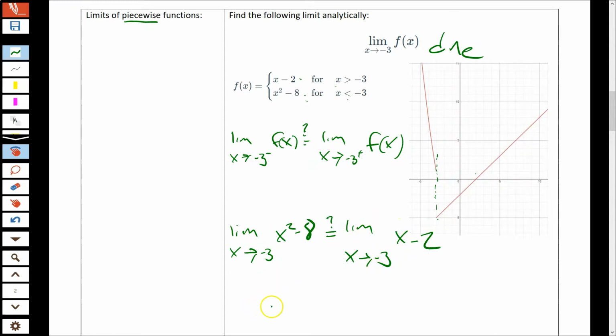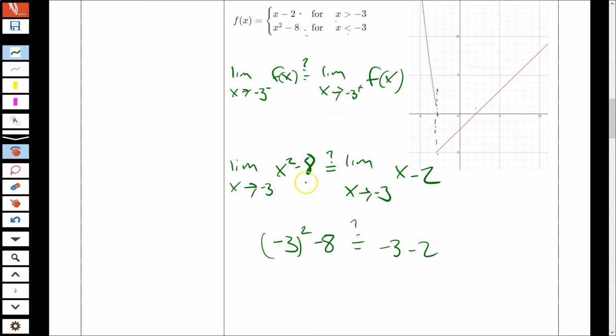And then we can substitute, right? So we get -3 squared minus 8 equals, question mark, -3 minus 2. This should be pretty clear that this is not equal, right? I get 9 minus 8 is 1, and -3 minus 2 is -5.